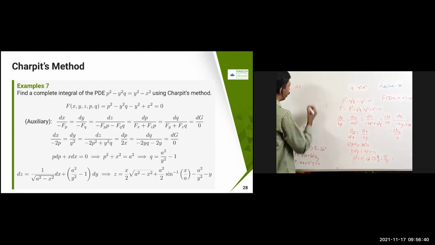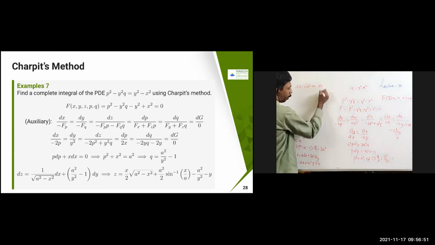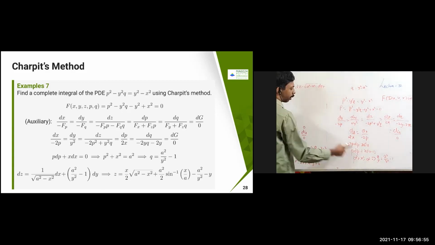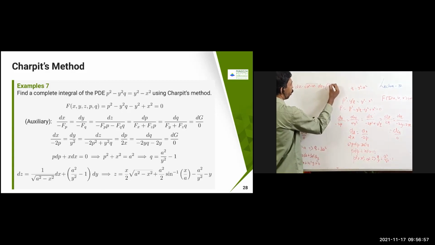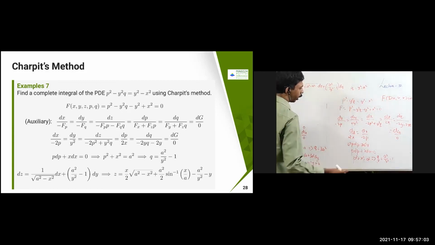Yeah, p I have to write it. So this is going to be square root of a square minus x square, because p square plus x square equal to a square, right? So dz equals square root of a square minus x square dx plus q dy, that is a square by y square minus 1 into dy. Now integrate this one. Integrate both sides and then you are going to get the answer for this one.